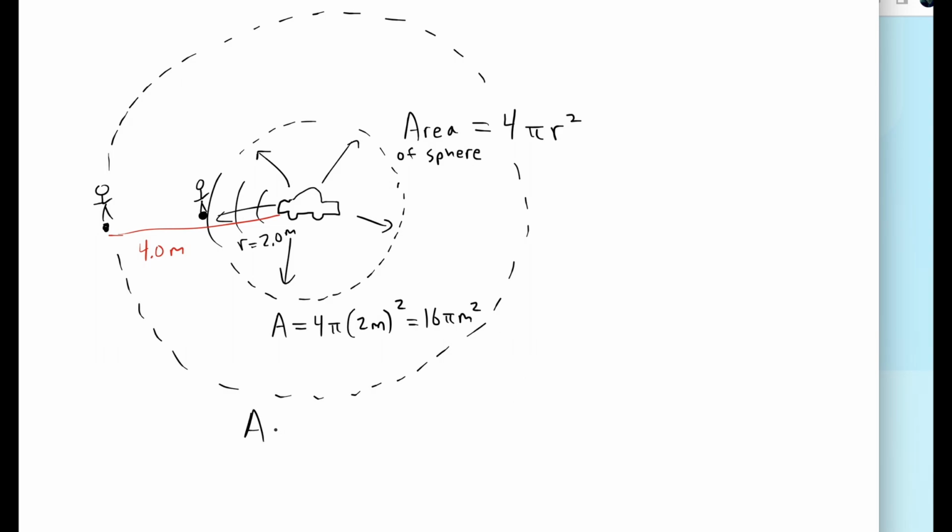The new area is going to be 4 pi times 4 meters squared, and that's going to be 64 pi meters squared. But the concept behind the sound propagation is that it's actually going to be the same amount of energy dispersed amongst a larger area.